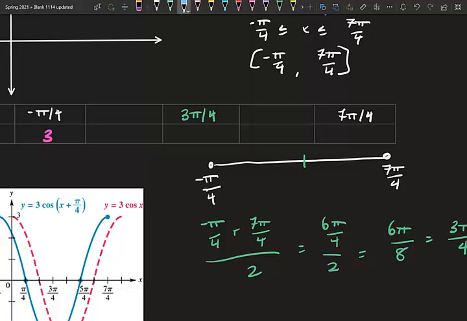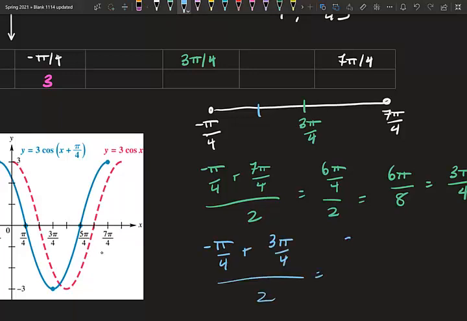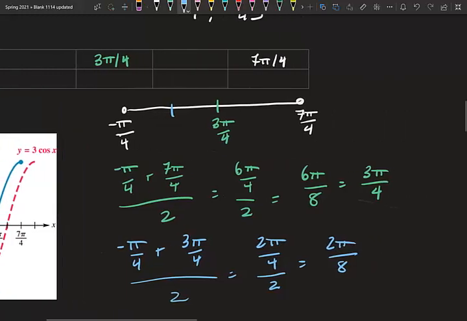Let's find our first quarter point. So our first quarter point is going to be negative pi over 4 plus 3 pi over 4, divided by 2. So we have 2 pi over 4 divided by 2. That's 2 pi over 8, which is pi over 4.